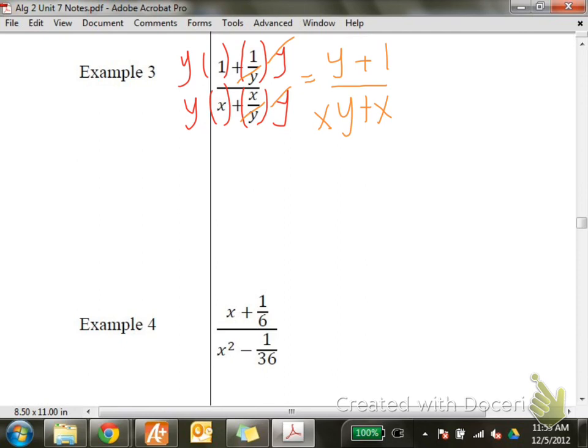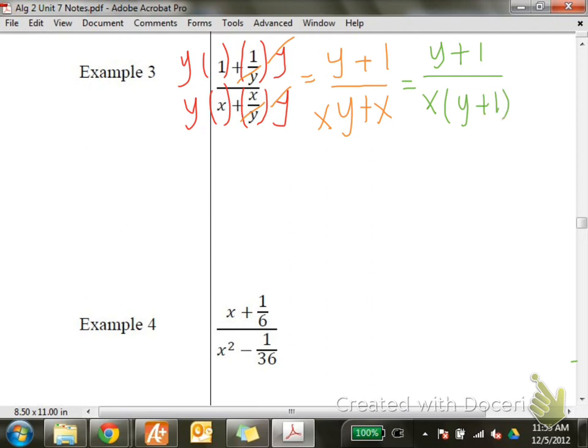I thought you couldn't take the y. You can take the x out on the bottom. There's a GCF in the denominator, of x. So y plus 1 is in the numerator, all over x times y plus 1.